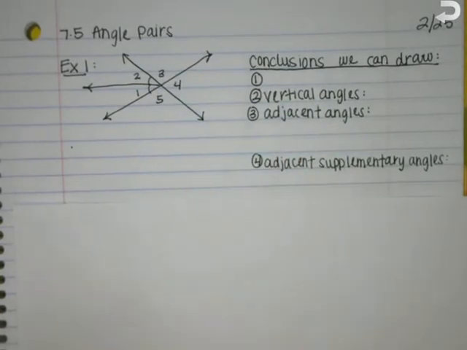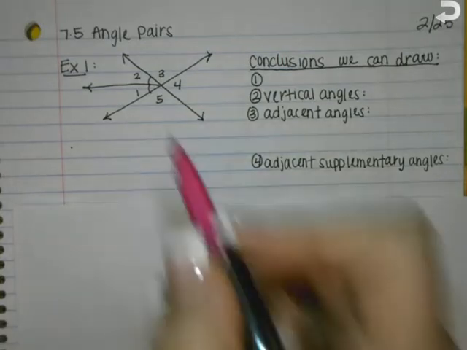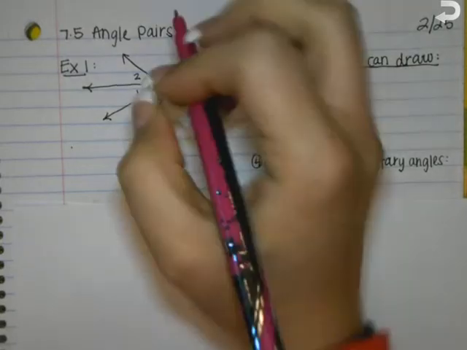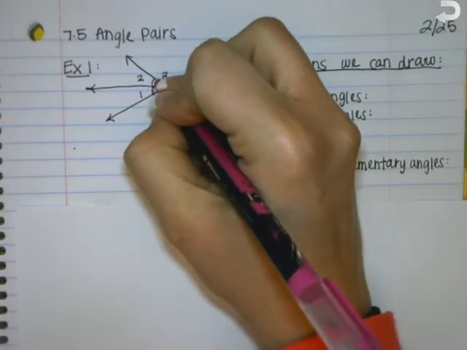Now, the first conclusion that we can draw should be pretty apparent. When you guys looked at this, what was the first thing that you noticed about it? There's a bisector. Diego, where? Oh, between 2 and 1. Between 2 and 1. What do you notice with the markings? 2 and 1 are what?